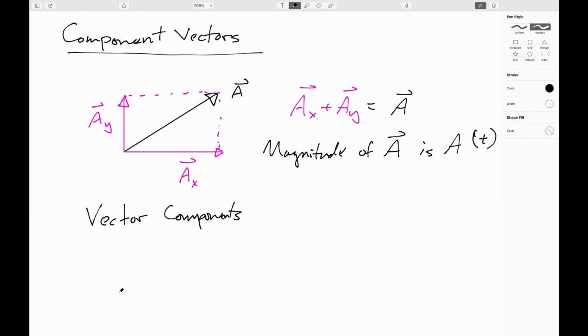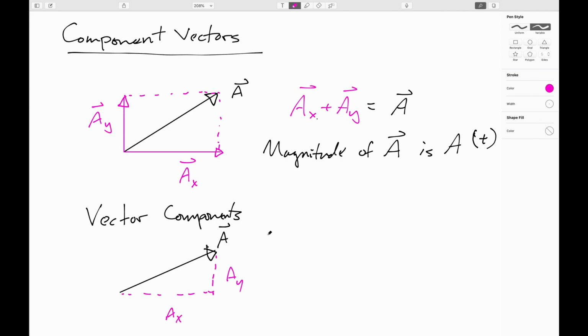So here I'm imagining, again, my vector A, like so. And my vector components would be basically like if I imagine my vector A is the hypotenuse of a triangle. This is A_x and A_y. And this A_x and A_y are not vectors. They are scalars.